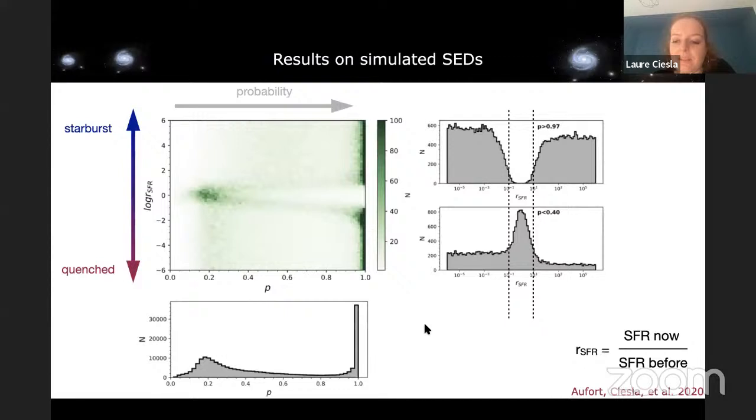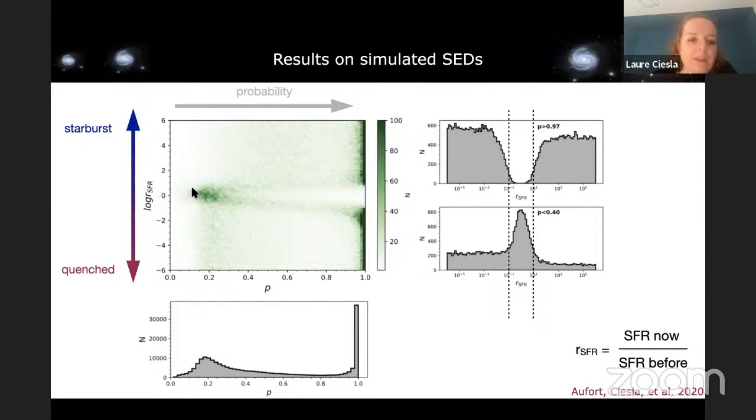So these are the results that the method provides. On the x-axis, you have the probability of a galaxy to have experienced a starburst or a quenching in the last 500 million years. And on the y-axis, you have this parameter, which is called RSFR, which is just the ratio between the SFR observed, the star formation rate observed of your galaxy, and the star formation rate it had before the event.